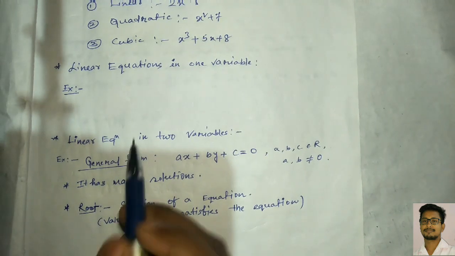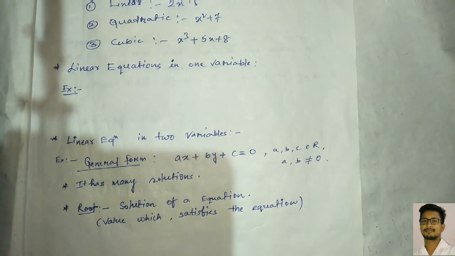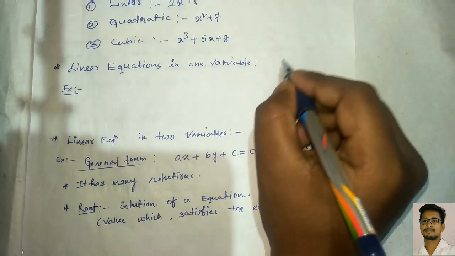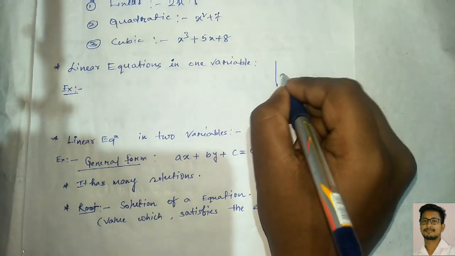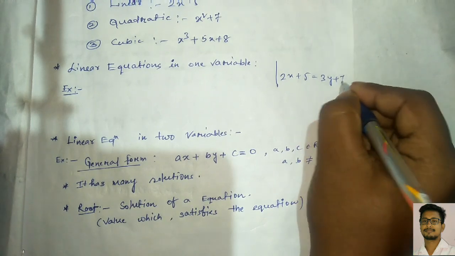Okay, and since this chapter is about linear equations, we have to know what linear equations are. Of course, we need to know the difference between an equation and a polynomial. For a polynomial we don't have an equal sign, but in the case of an equation we must have the equal sign between two algebraic expressions, right? Take one example: 2x plus 5 equals 3y plus 7.